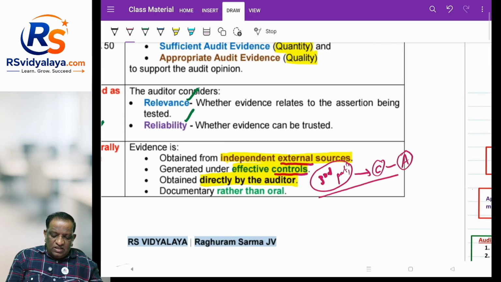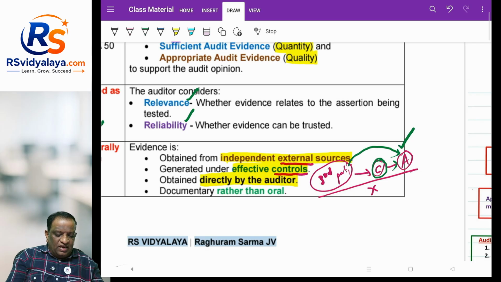This is not so reliable. So what they say is, any evidence that is obtained directly by the auditor from the third party is more reliable than evidence given to the client and then passed to the auditor, because in this there are chances that information can get compromised. So that is the small point.